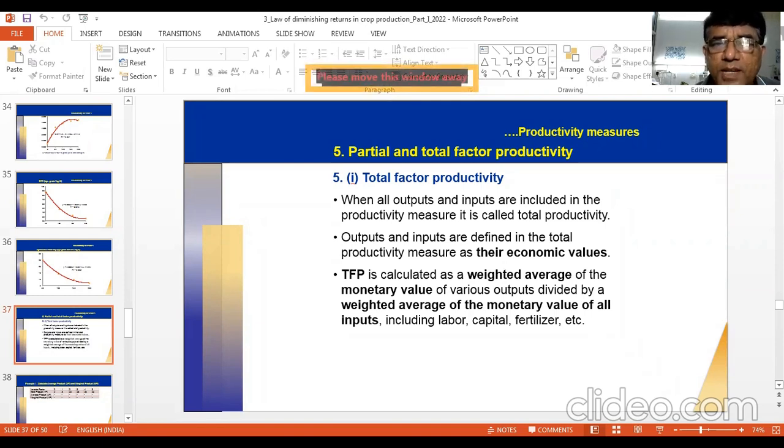When all outputs and inputs are included in the productivity measure, it is called total productivity. Outputs and inputs are defined as their economic value in terms of money. TFP, total factor productivity, is calculated as a weighted average of the monetary value of various outputs divided by the weighted average of the monetary value of all inputs, including labor, capital, fertilizer.